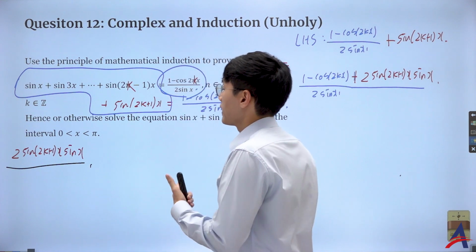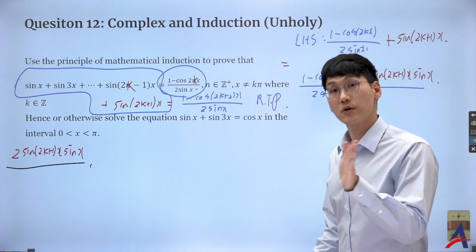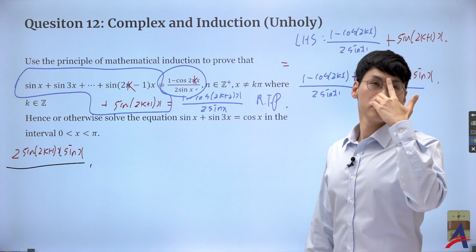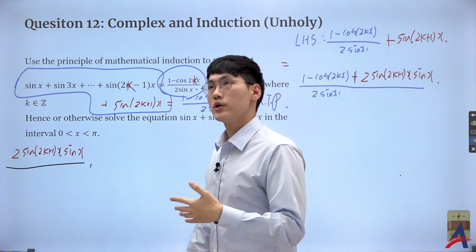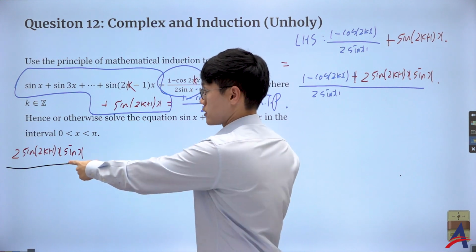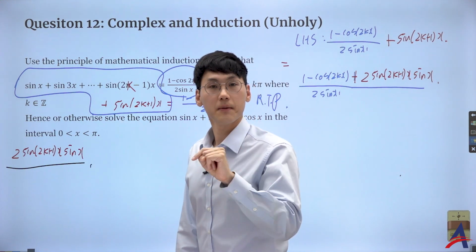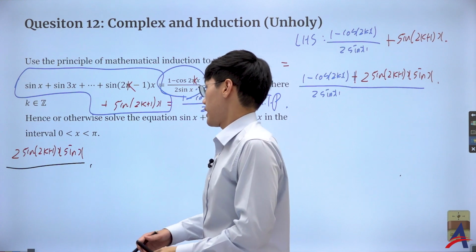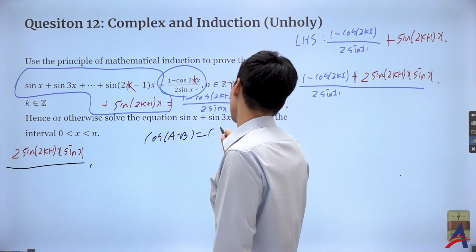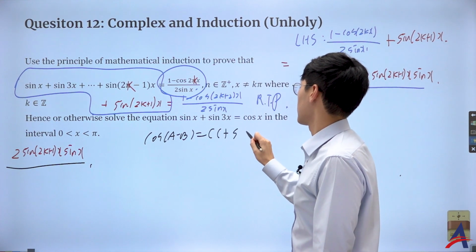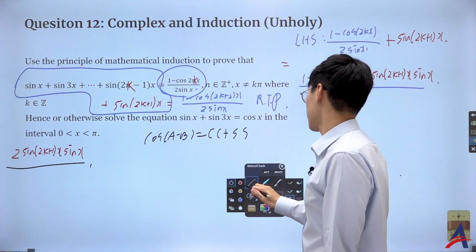So what do I mean by that? You know the sine compound is sin A cos B plus cos A sin B, and the cosine compound is cos A cos B minus sin A sin B, right? So among them, who has the expression of consecutive sin sin? That's the compound angle of a cosine, isn't it? So then you know cos(A minus B) is cos cos plus sin sin. Can't be bothered to write all that, so let me just write it.